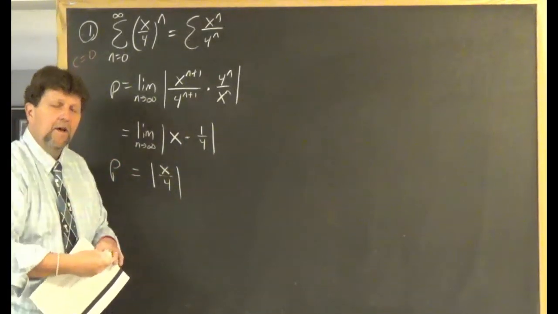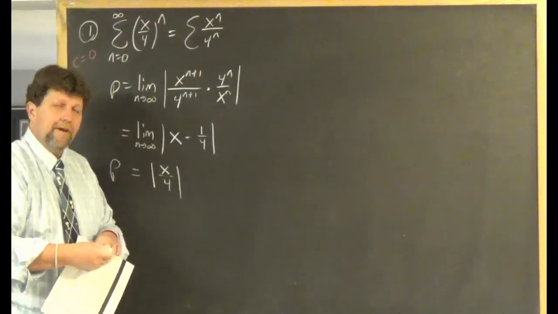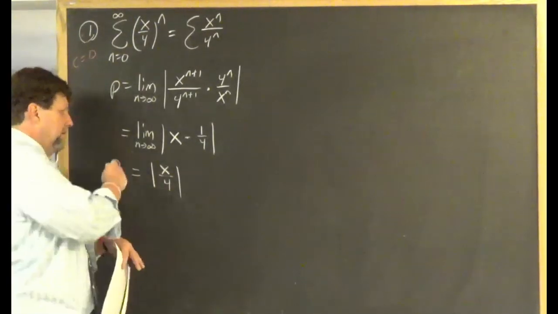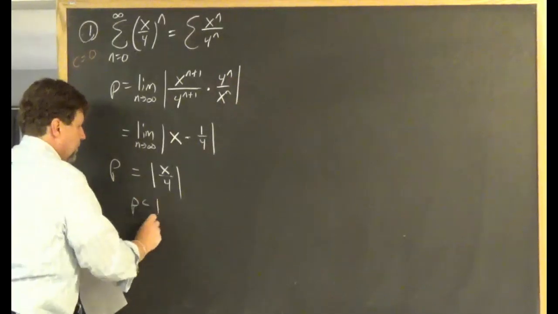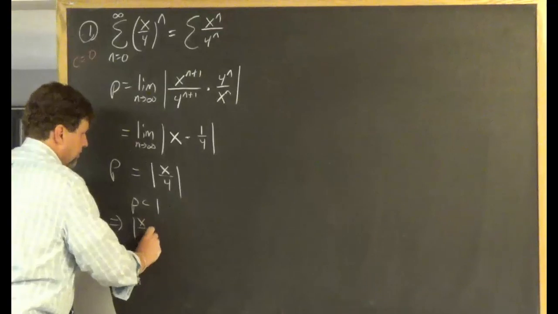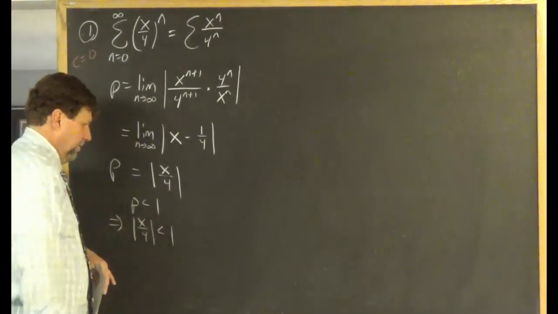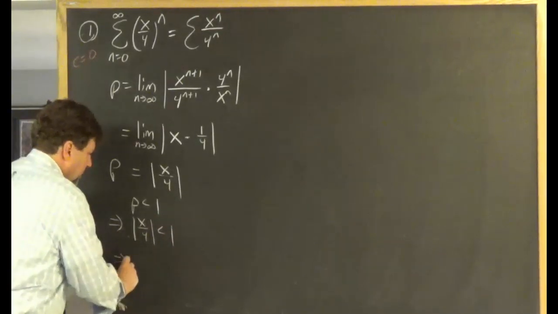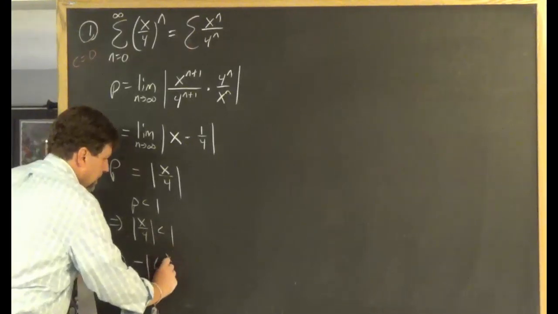And then again, we know with the ratio test we have absolute convergence when p is less than 1. Since p is absolute value of x over 4, we have this, which we rewrite as a compound inequality.